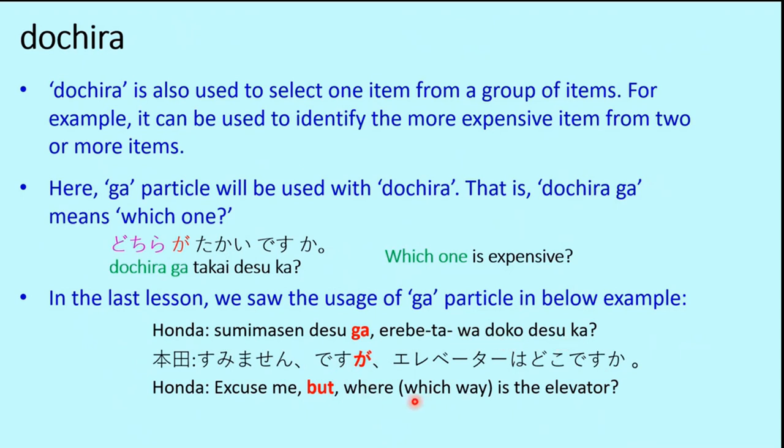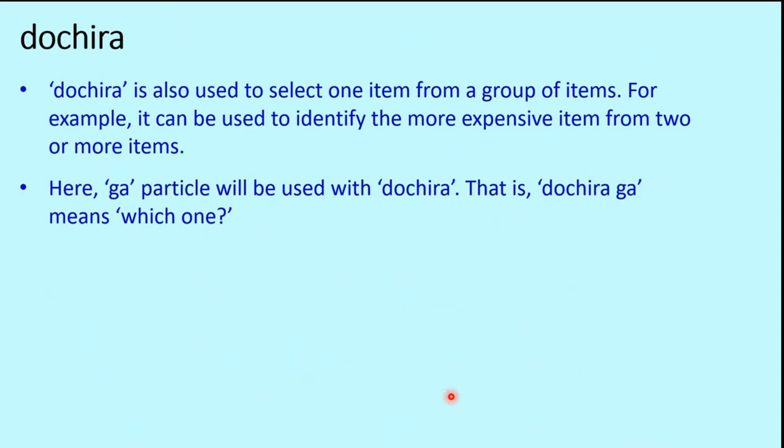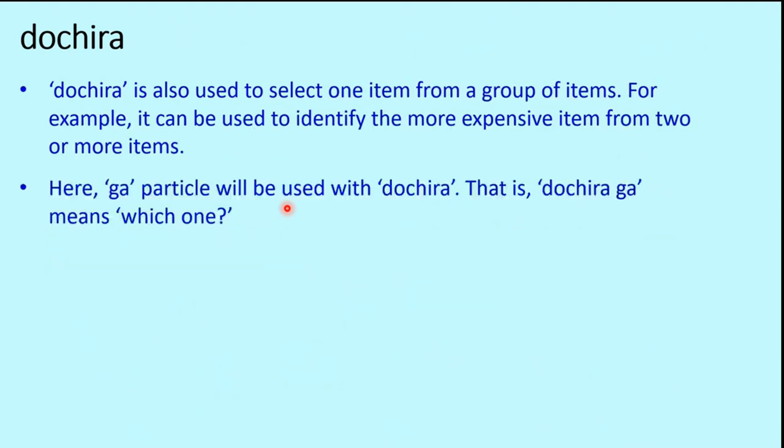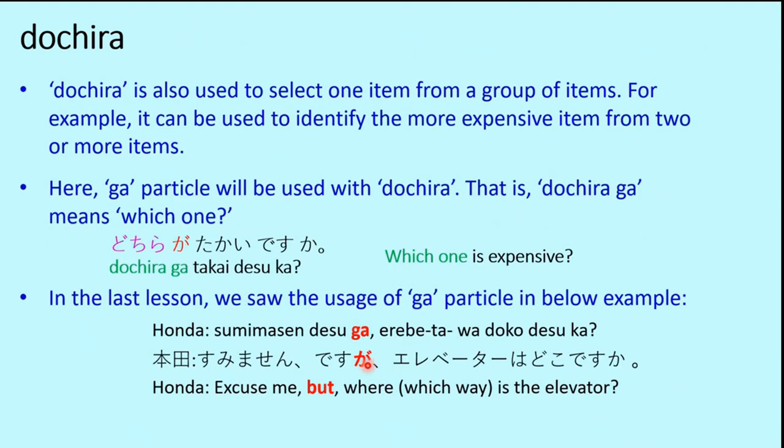If we wanted the meaning of which way, then we should have used dochira desu ka, right? In the previous slide, we have seen ote arai wa dochira desu ka. So here, since doko is used, it will be where is the elevator, not which way is the elevator.